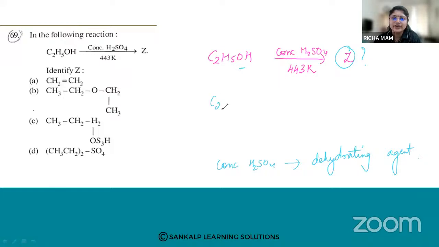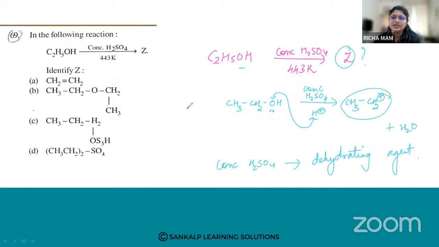So C2H5OH, I'll show you: CH3CH2OH. If you treat it with concentrated H2SO4, means you have H plus ions. Your OH will attack the H plus, and you will get CH3CH2 plus. The OH will be removed as a water molecule.